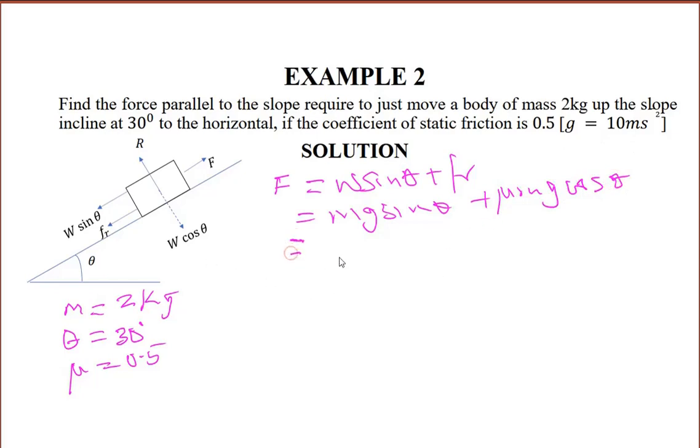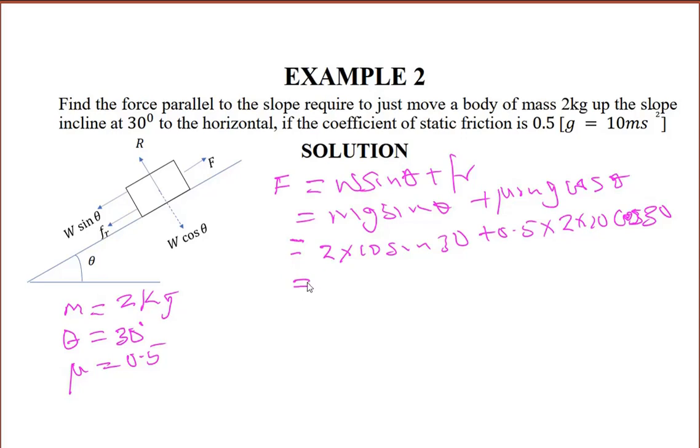So let's put in our parameters. That will be 2 times 10 sine 30 plus 0.5 times 2 times 10 cos 30.